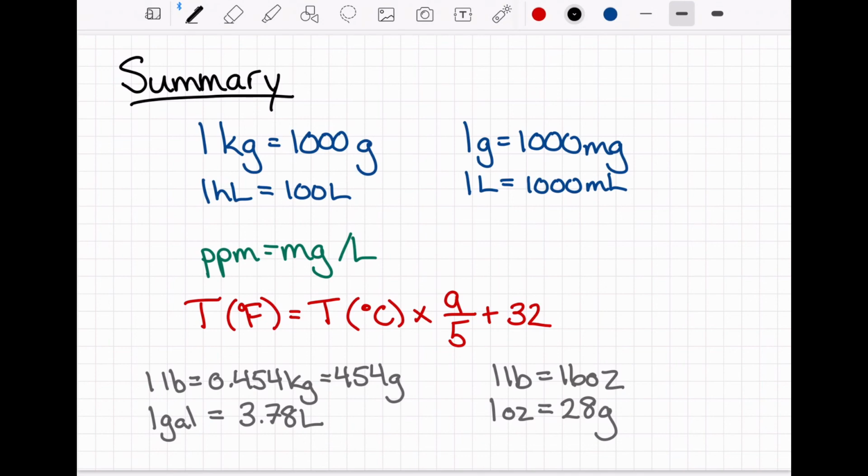Especially with temperature, make sure that you understand which unit you are talking about. Lastly, at the bottom here, we've got a couple of unit conversions between US standard units and metric units that are important, especially here in the US. You'll see both of these units on many different products, and so it's good to understand how to convert between these two.